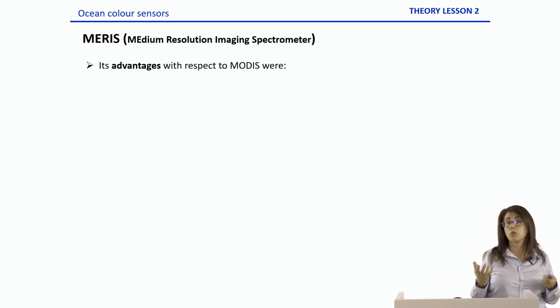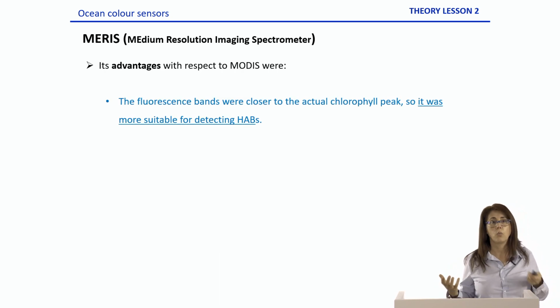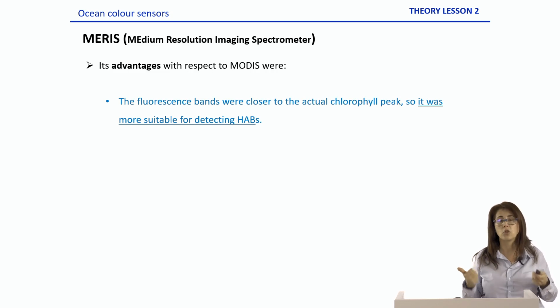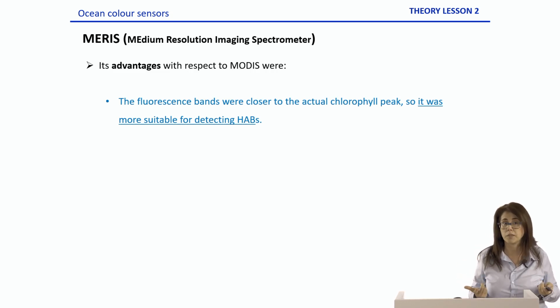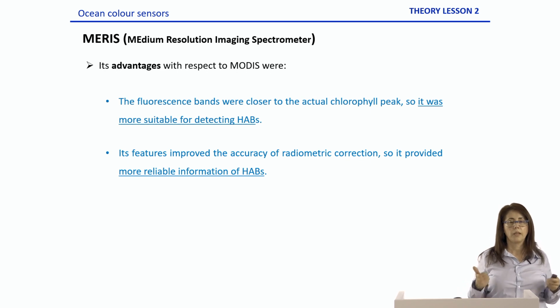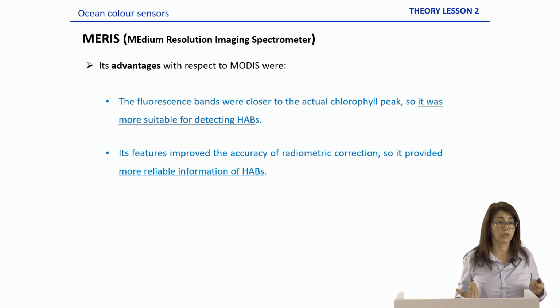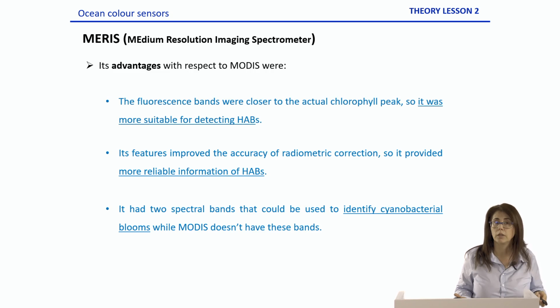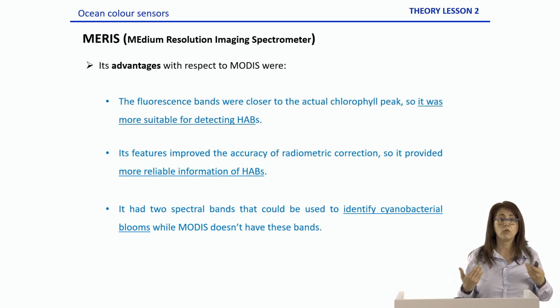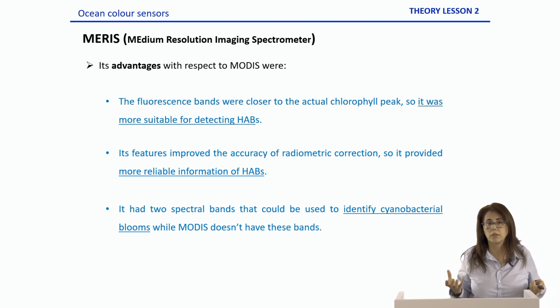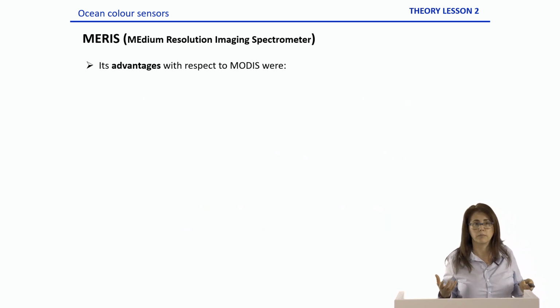The advantages of using MERIS instead of MODIS were that the fluorescence bands were closer, as we said, to the actual chlorophyll peak, so it was more suitable for detecting HABs than MODIS. The features of this sensor also improved the accuracy of the radiometric correction, so the information that was provided for HABs was more reliable than the information obtained with MODIS, and it also had two spectral bands that were used to identify cyanobacteria blooms, while MODIS didn't include those bands.